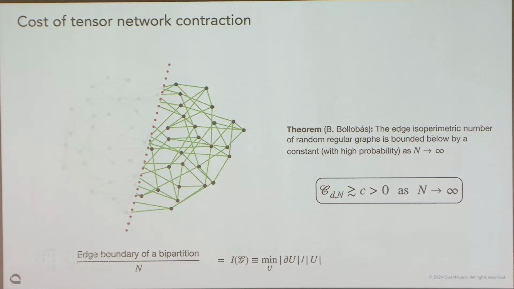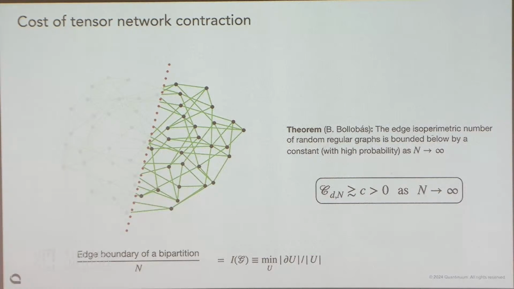And it turns out this is a very well-studied quantity in graph theory. People call this the isoperimetric number, if you minimize the size of this edge boundary over all possible bipartitionings. And it's been known for 30 years or something like that, 35 years, that as you take n large, with very high probability, this edge isoperimetric number is larger than a constant. It does not go to 0.